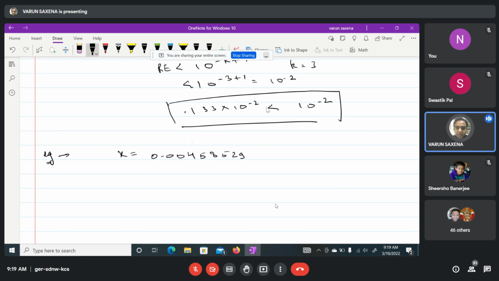Okay. So now what you're doing is you're finding the absolute error. So the question is find the absolute error if x is truncated to 3 decimal places.